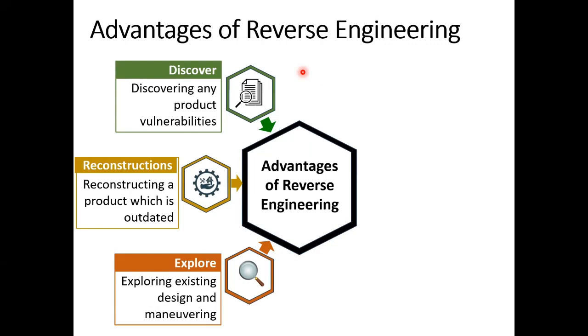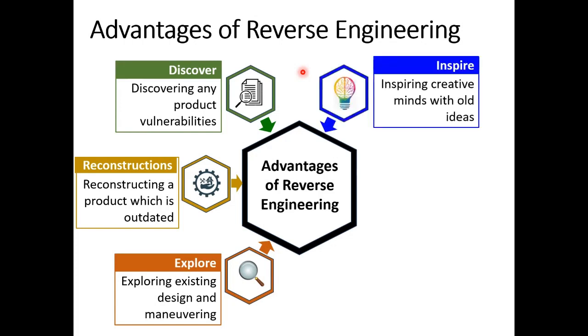There can be certain parts which are more prone to fail. So you can identify certain critical components which could fail in normal operating conditions. So you can discover these vulnerabilities, or things which could be improved, and then you can take measures to improve them later on.